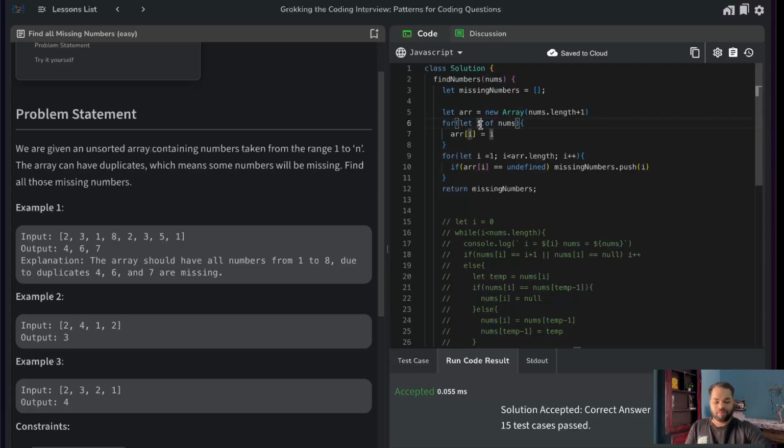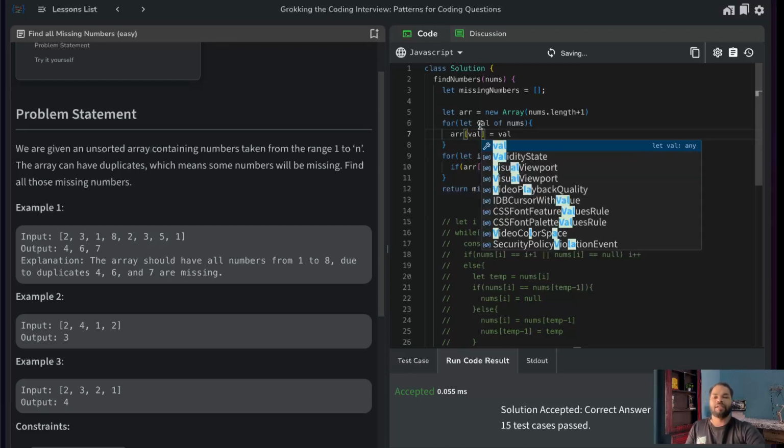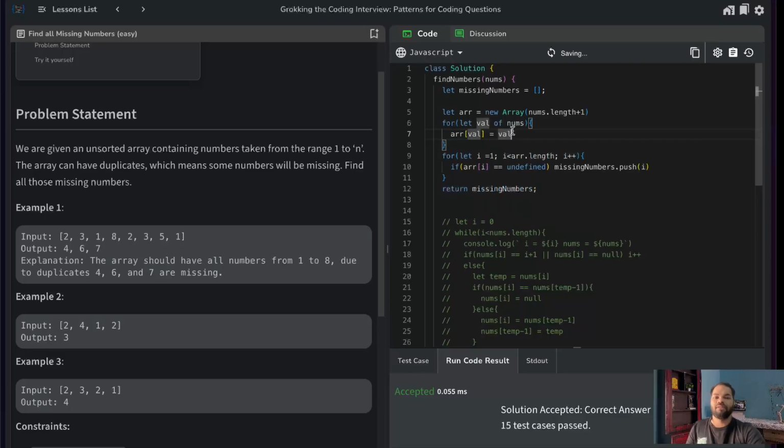Instead of i, we can say value at its index, whatever the index is, and we are pushing it. And then we are checking if the index is undefined. Anywhere it is undefined, we'll push this index into the missing number. That means it is not present, right? So that's what we discussed earlier.